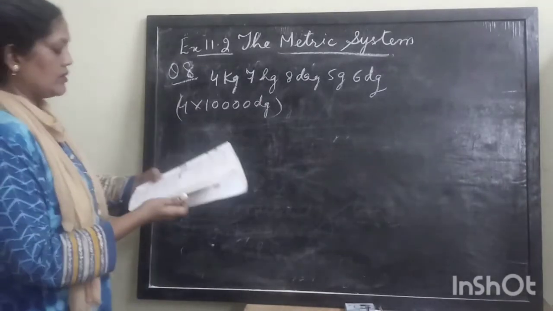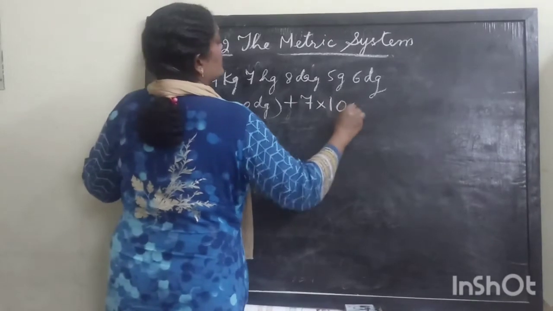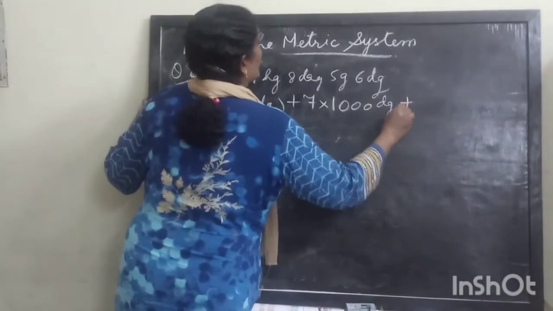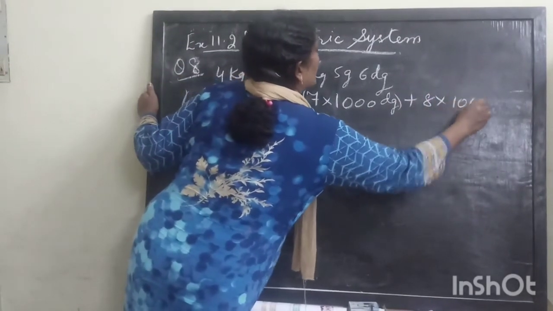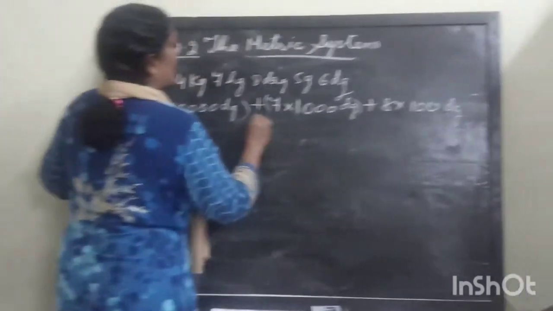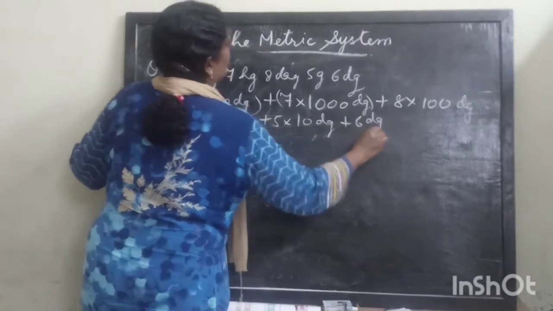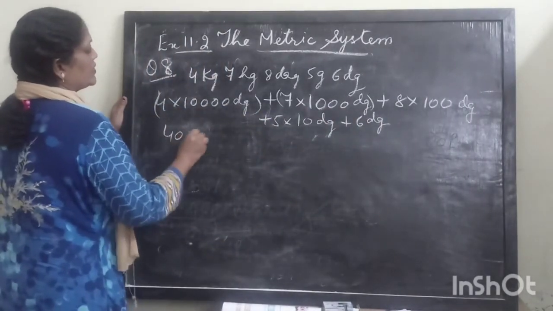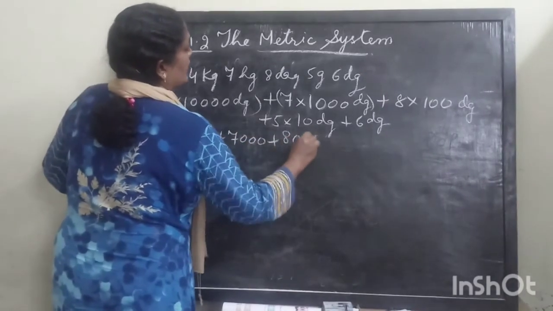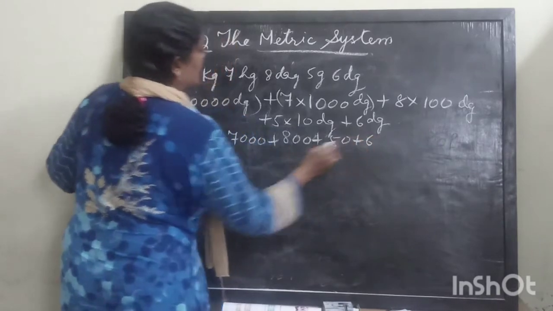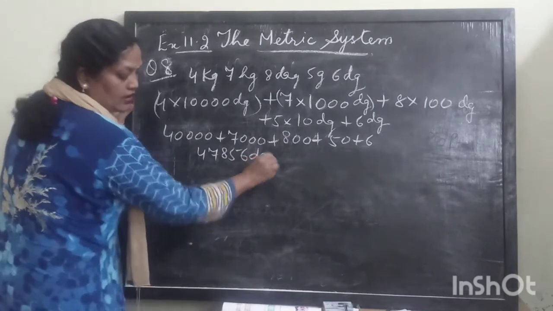Got it? 10,000 decigram, plus 7 hectogram is 1000 decigram. 8 decagram is 100 decigram each. 5 gram is 10 decigram, plus 6 decigram. That is 40,000 plus 7,000 plus 800 plus 50 plus 6. 47,856 decigram.